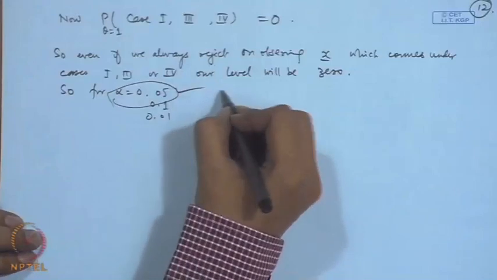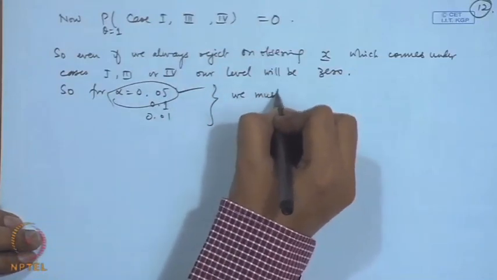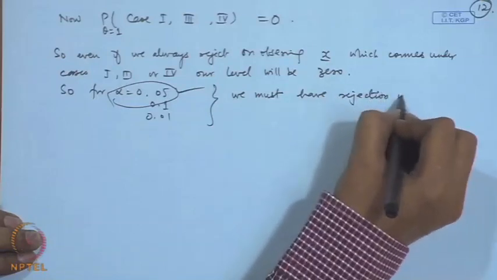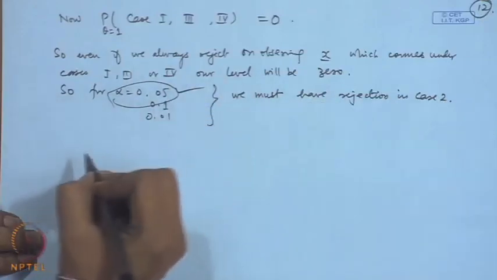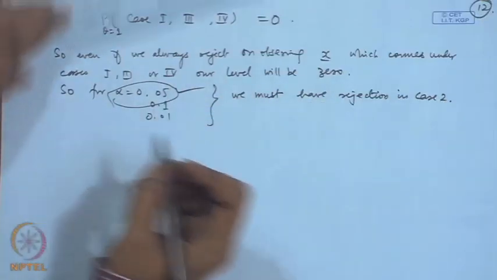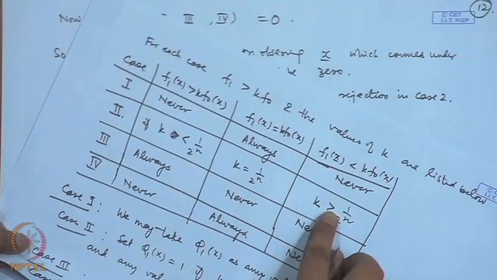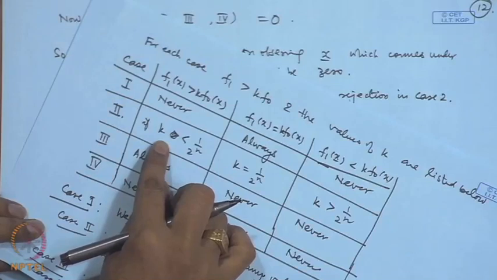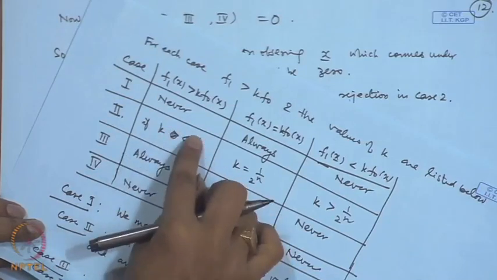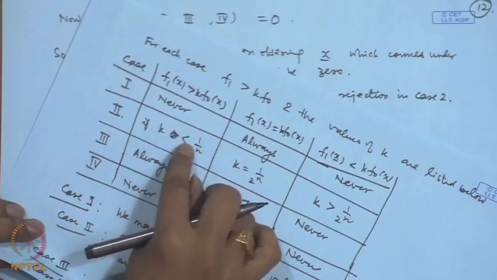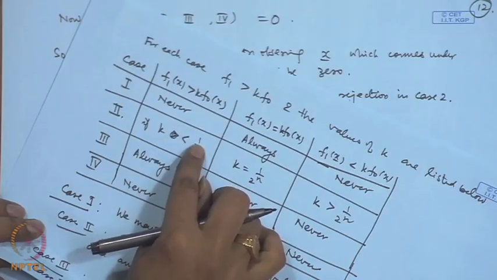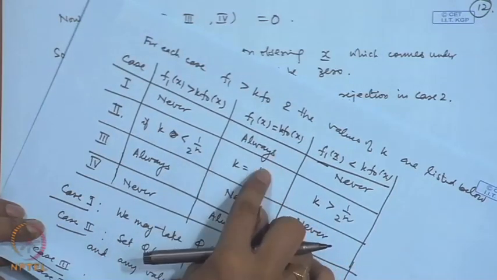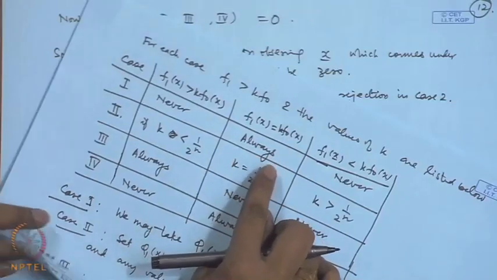So, we must have rejection in case 2. Now, again if I take k to be greater than 1 by 2 to the power n, rejection is not possible. So, the only rejection is possible for k less than 1 by 2 to the power n, here rejection is becoming always true. So, alpha will become 1, which is not acceptable. So, therefore, we should have k equal to 1 by 2 to the power n as a possible value.